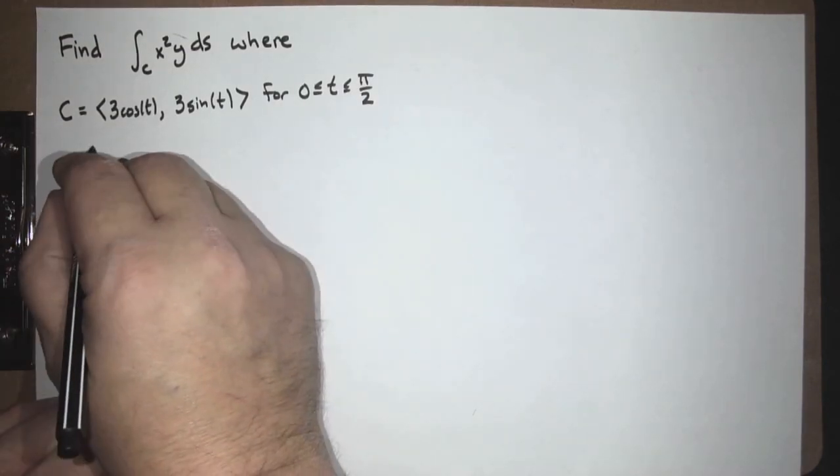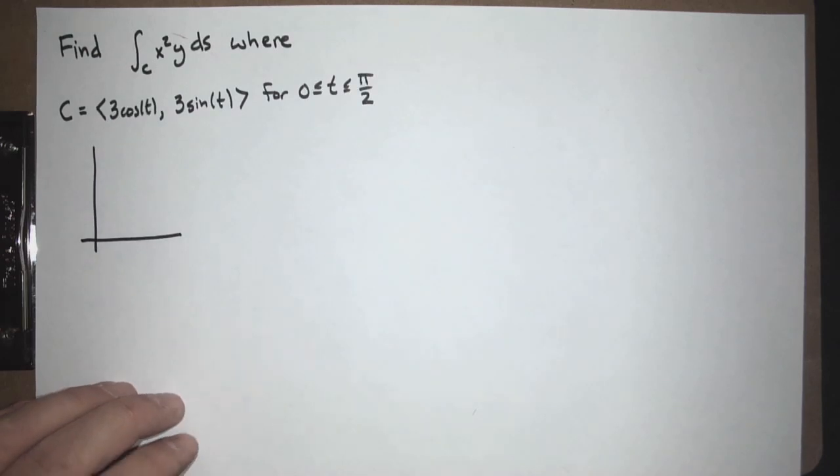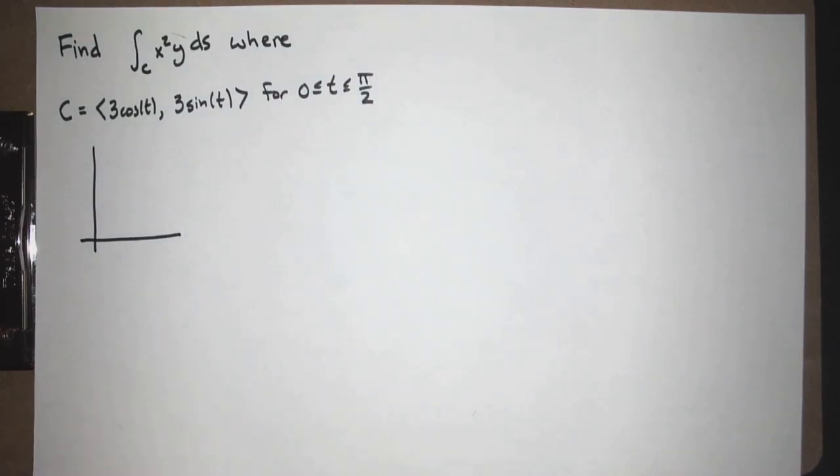Now, we don't need to know, but we might as well plot it. 3 cosine t, 3 sine t, t going from 0 to pi halves. Where is it moving along? What's the basic curve shape? So roughly speaking, x is like cosine, y looks like sine.